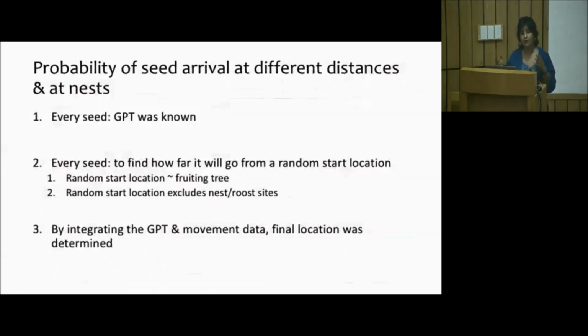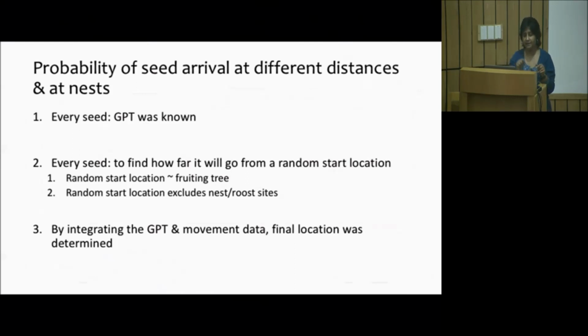Now, how do you get from all this movement data and the gut passage time to understanding the distance of dispersed seeds? We knew the gut passage times of those seeds that we had passed through the hornbill's gut in those experiments, around 305 seeds. From our movement data, we used a random start location based on the distribution of foraging observations.